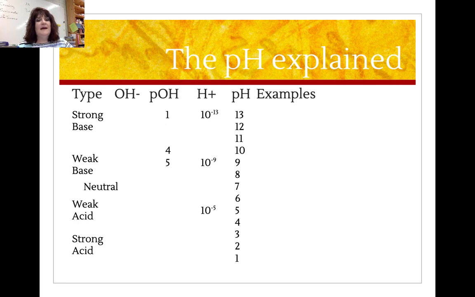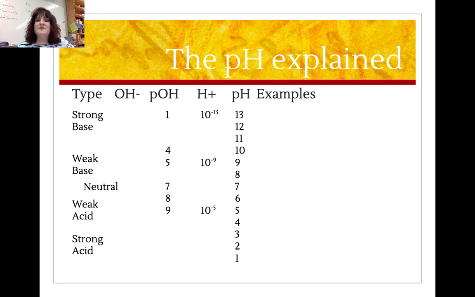The pOH of a pH of 9 is 5. The pOH of a pH of 7 is 7. 6 is 8, 5 is 9, and so forth. Again, you should be able to fill in the rest of that chart from 1 to 13.